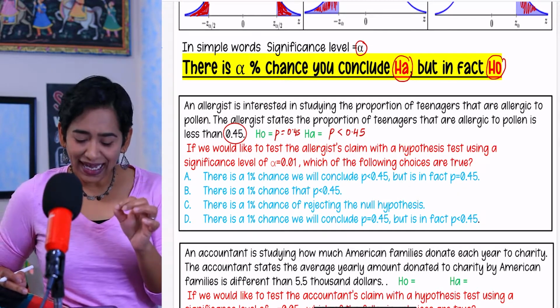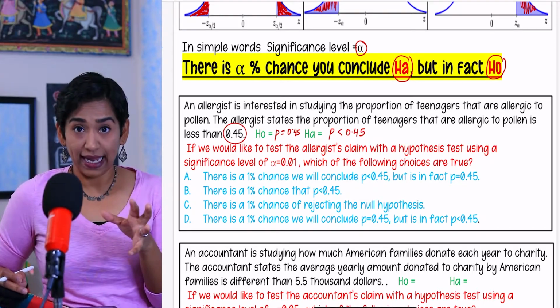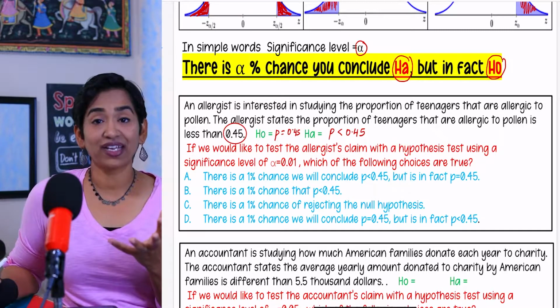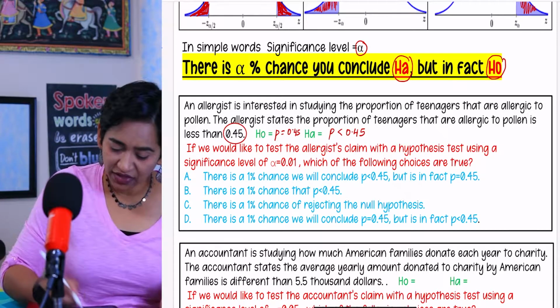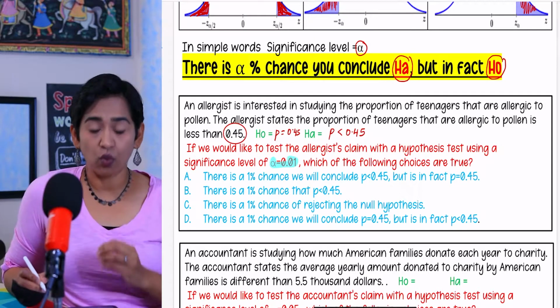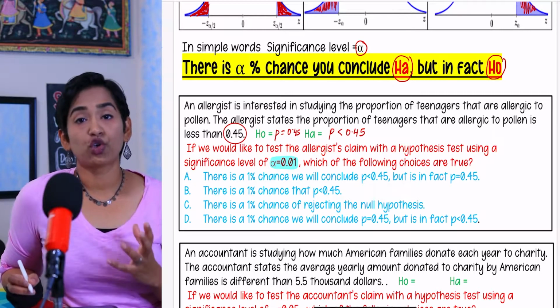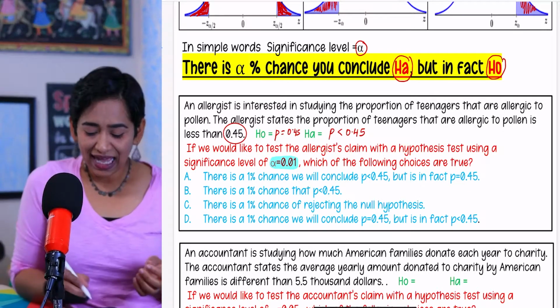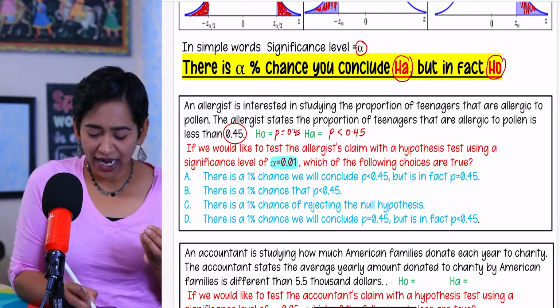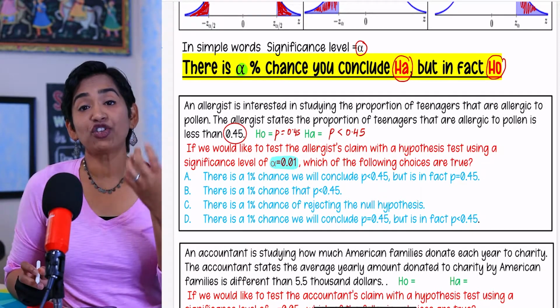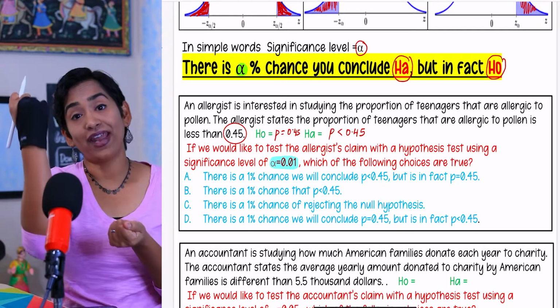If we would like to test this allergist claim with a hypothesis test using significance level, so this is my significance level, 0.01. Which of the following choices are true? Remember what the significance level says. There is alpha% chance that you conclude HA instead of H naught.